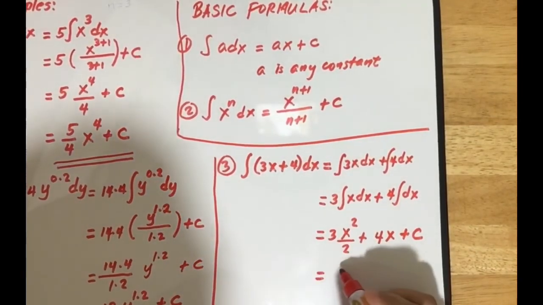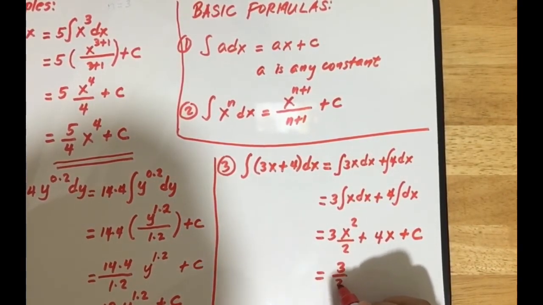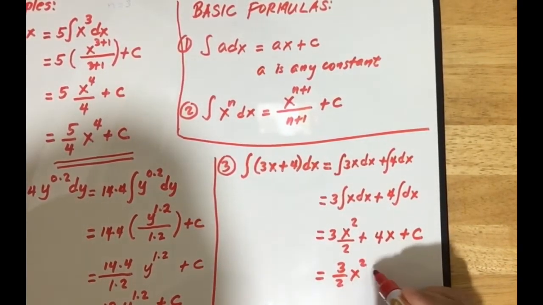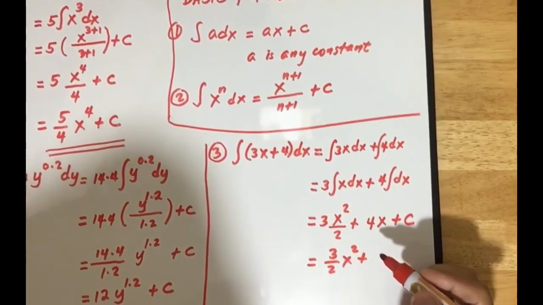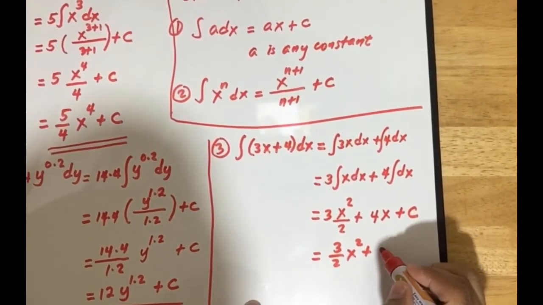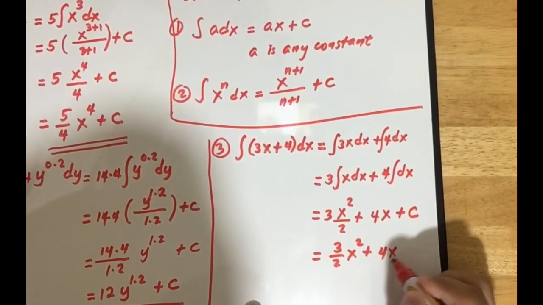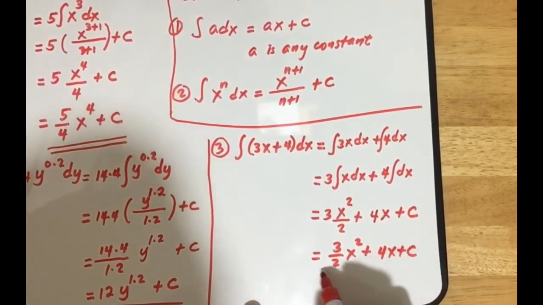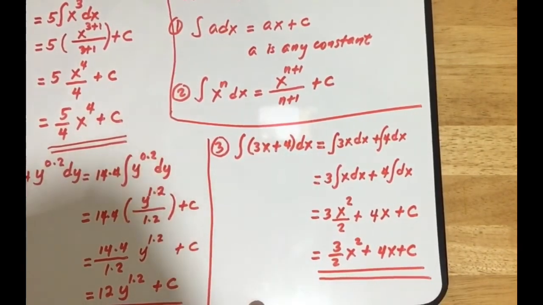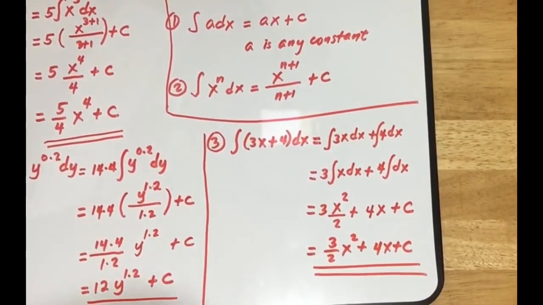So this is 3 halves x squared plus 4x plus c.